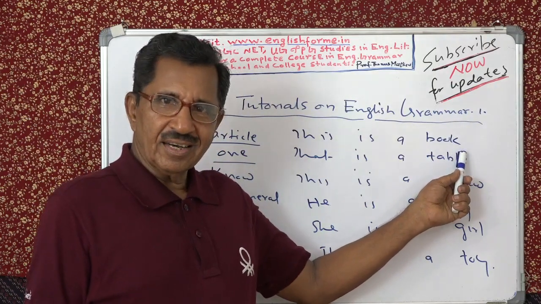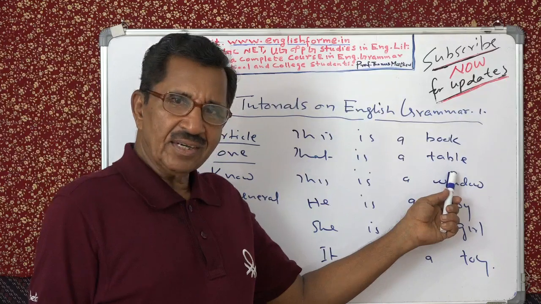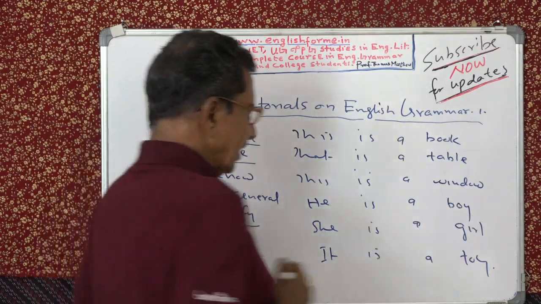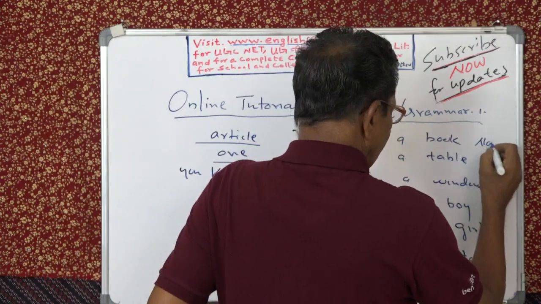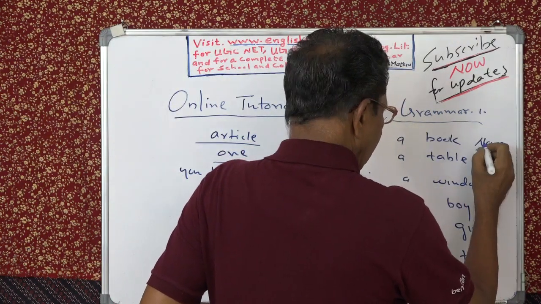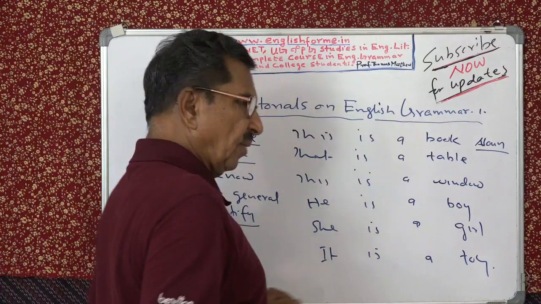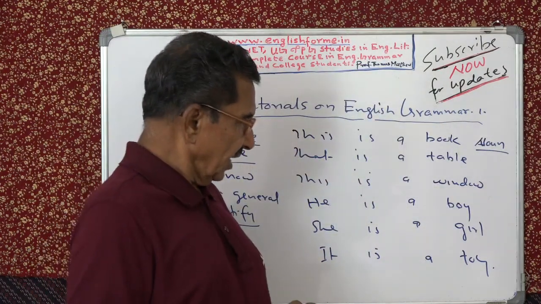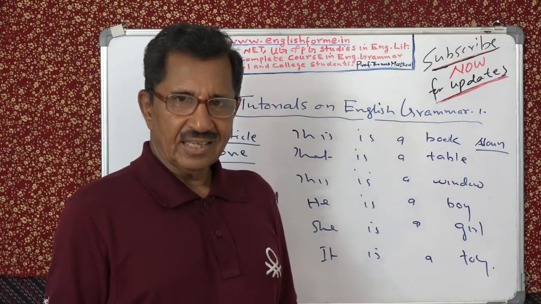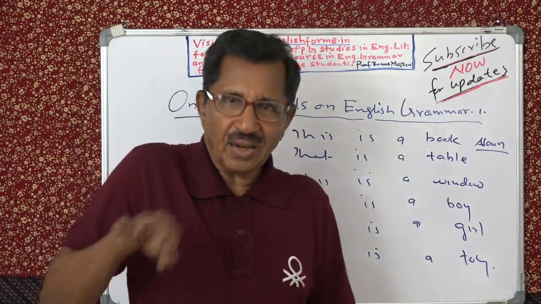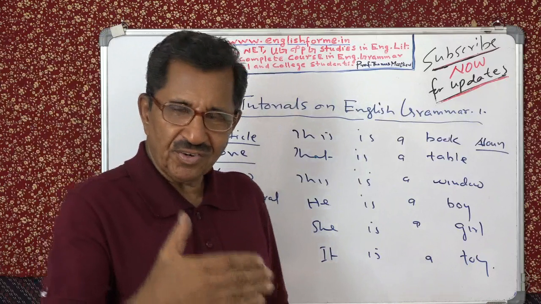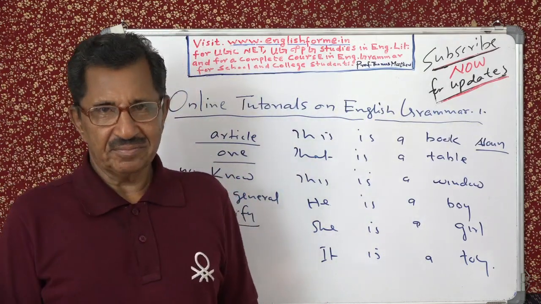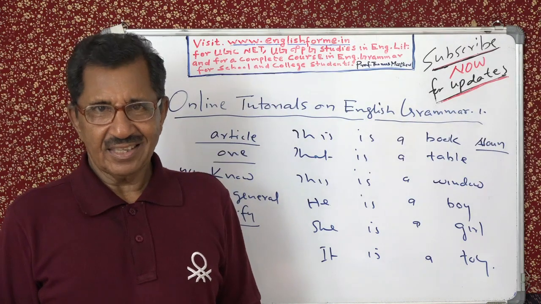Noun. Table, noun. Window, noun. In every language you have got noun. So, window, boy, girl, toy. Whenever you use a noun, just before that, you should use a.